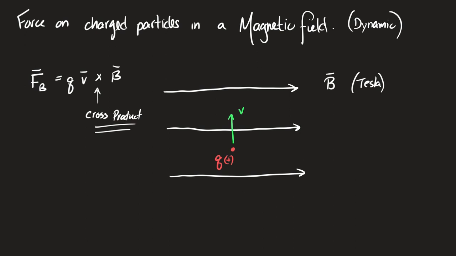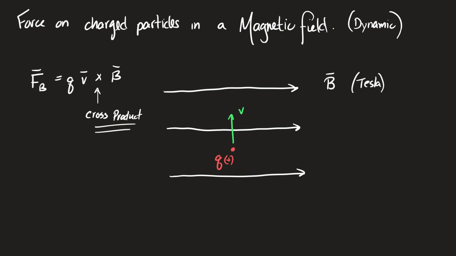The cross product is the opposite. The analogy that we have for mechanics is that the cross product is what we use for torque. If I want to open the door, the best way to do so is to apply a force perpendicular to the door. The door itself is a torque arm. I want to push perpendicular. I get maximum torque when the two vectors are perpendicular to each other. That's the cross product.